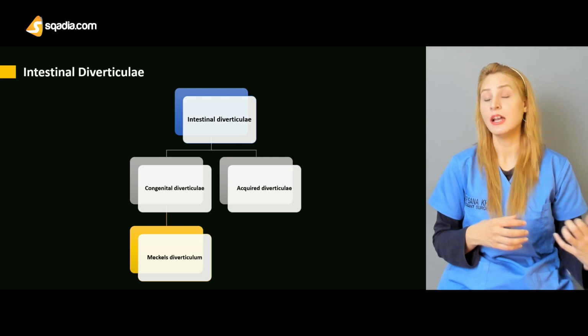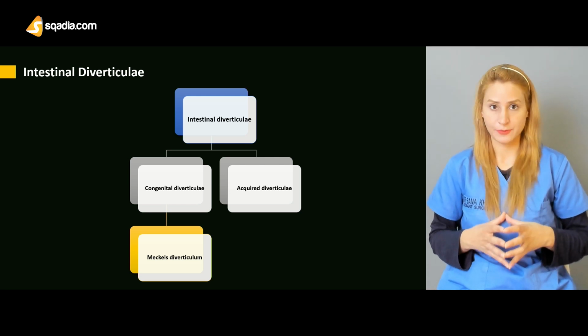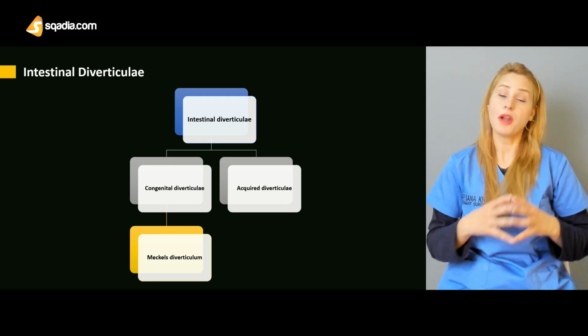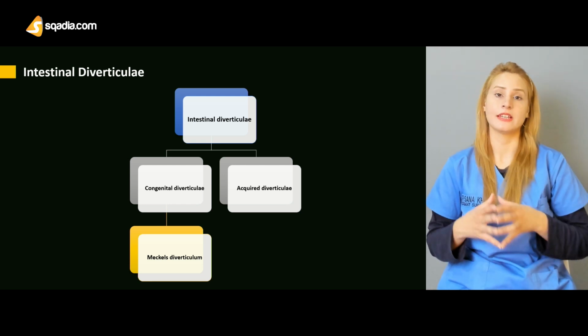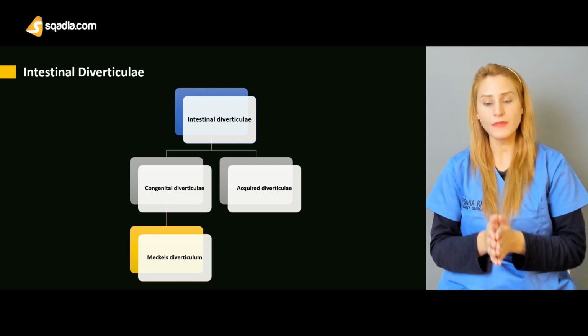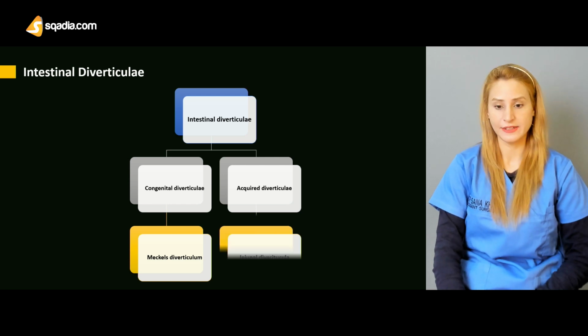That's the common site for duodenal diverticula. As compared to that, for jejunoileal diverticula, the proximal jejunum is most commonly the place for acquired diverticula.